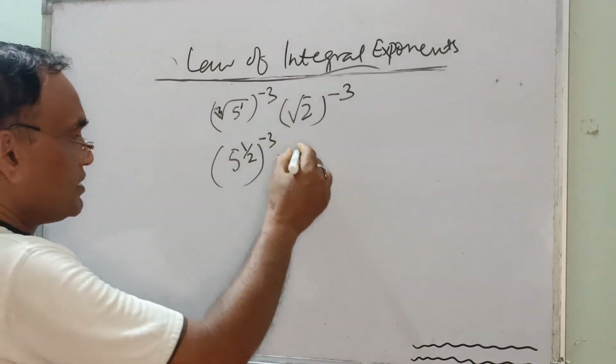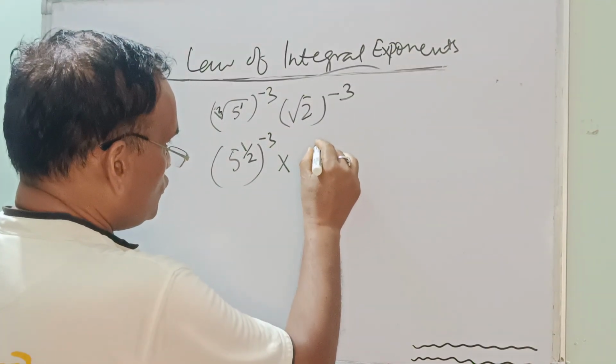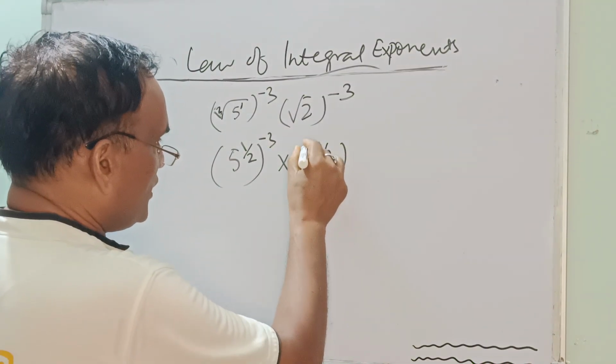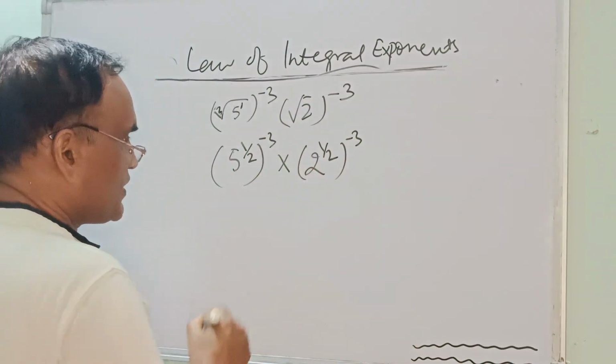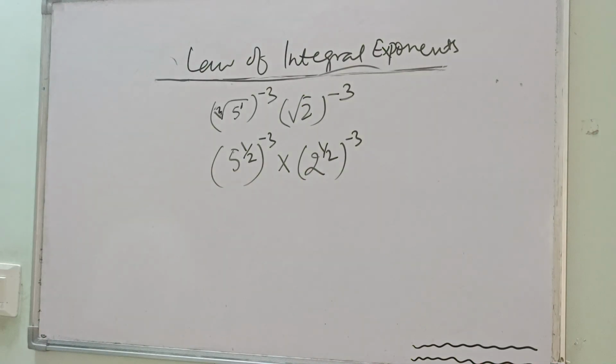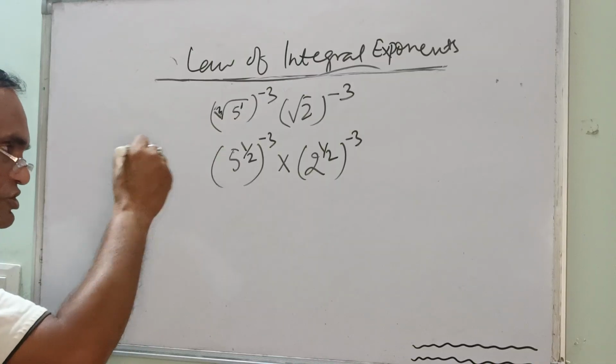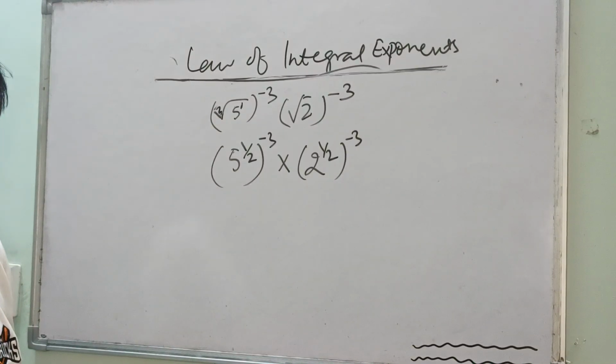Again 2 to the power half, and the power is minus 3. Now what are you going to do in this question? Please remember the law of integral exponents.